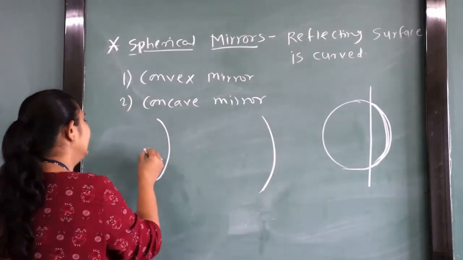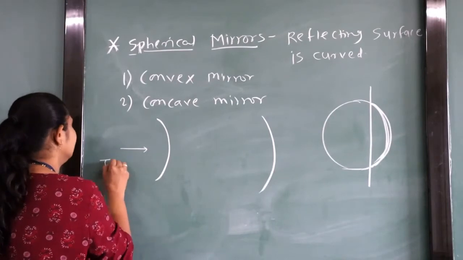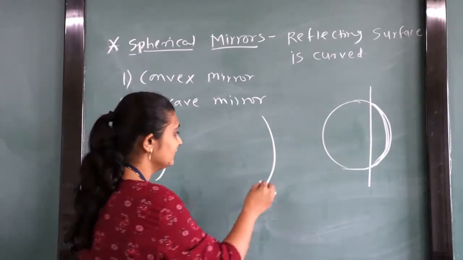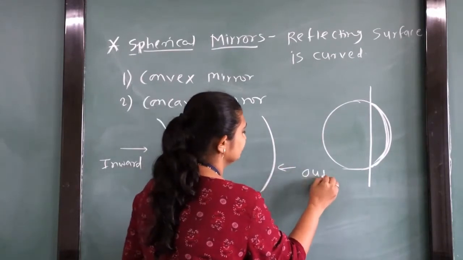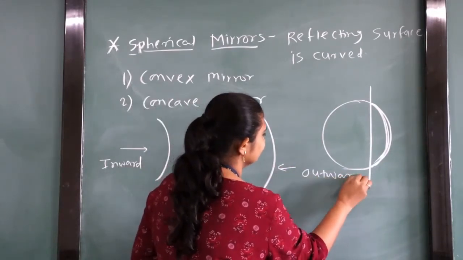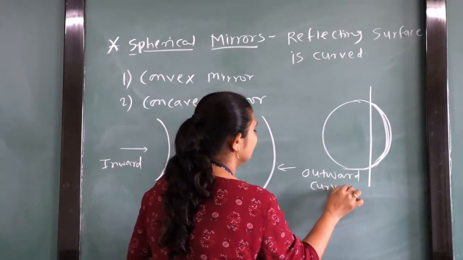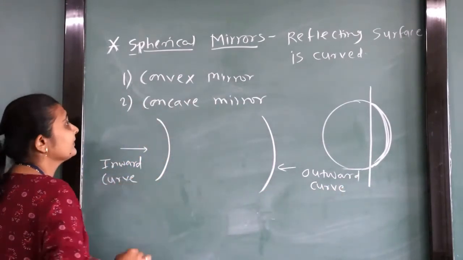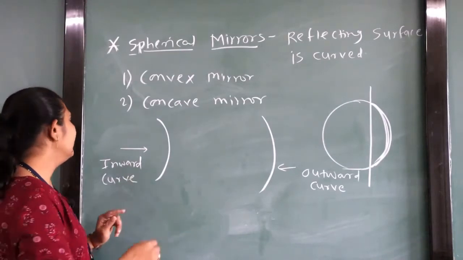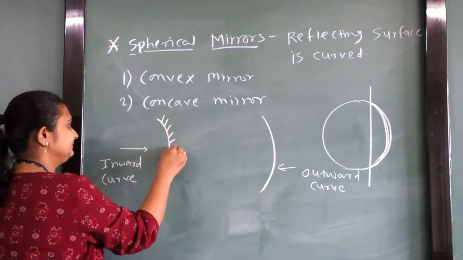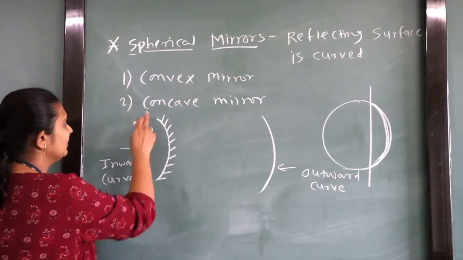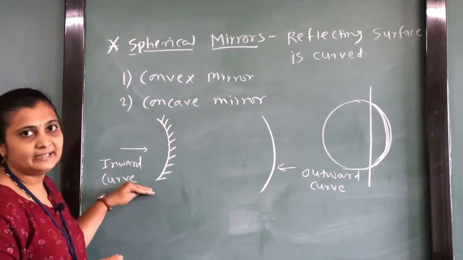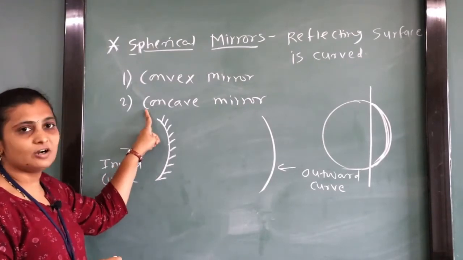This is called the inward surface, and this one is called the outward surface or outward curve. This is the inward curve. Now if the inward curve is made reflecting, then this is called the concave mirror.